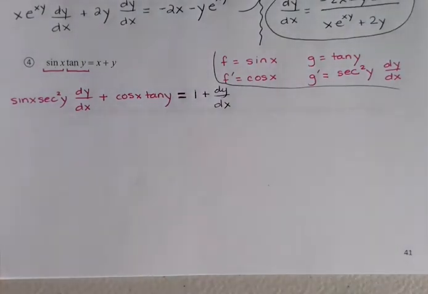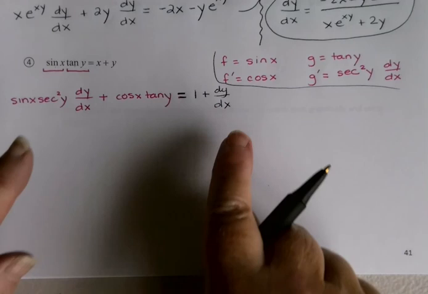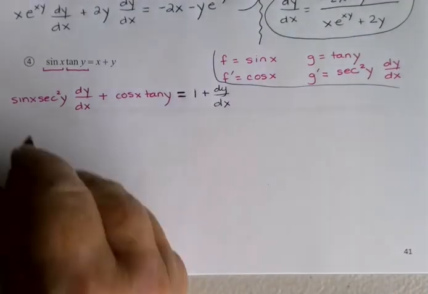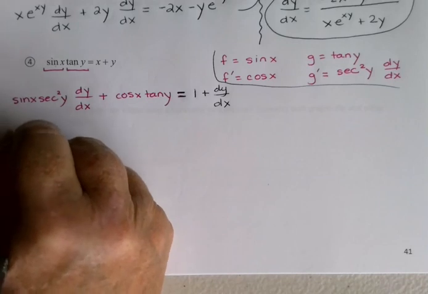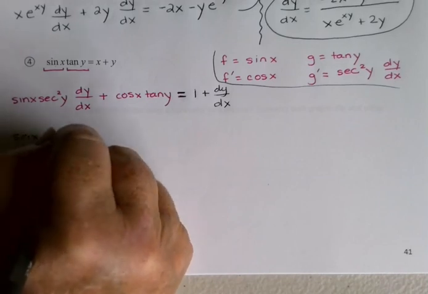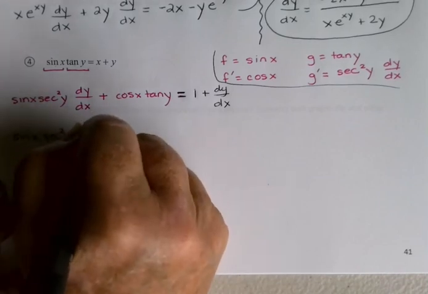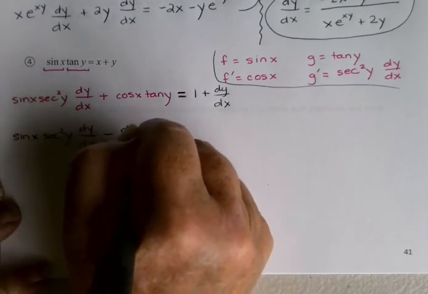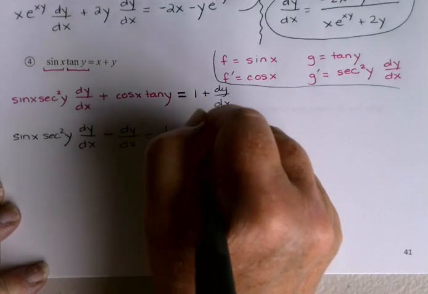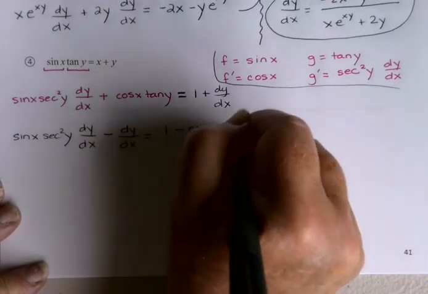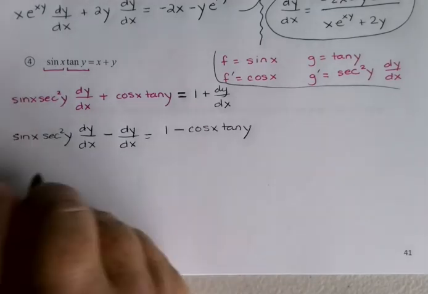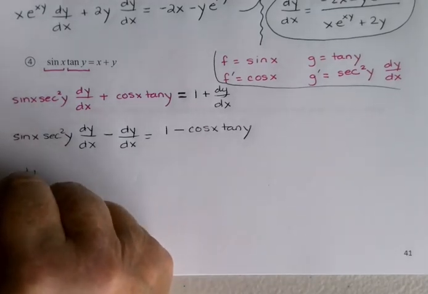All right, let's get all the dy dx terms on one side. So these two over on the left, and then I'll have the non-dy dx terms on the right. So, factor out a dy dx.